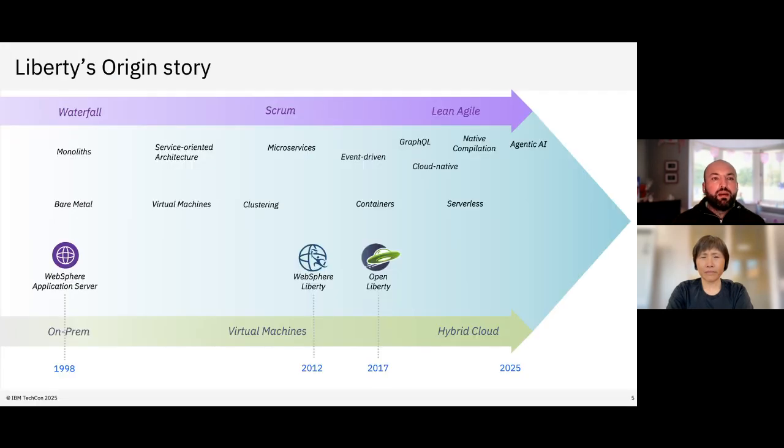So I just want to talk about Liberty's origin story, because to understand where Liberty has come from, it's important to know the history. So the WebSphere application server, as many of you may be familiar, was originally created in 1998. And as this diagram shows, the world has evolved in many different ways over the intervening 27 years.